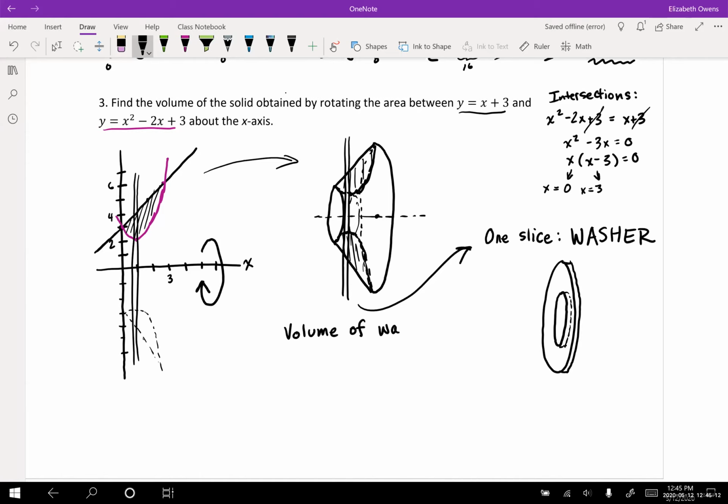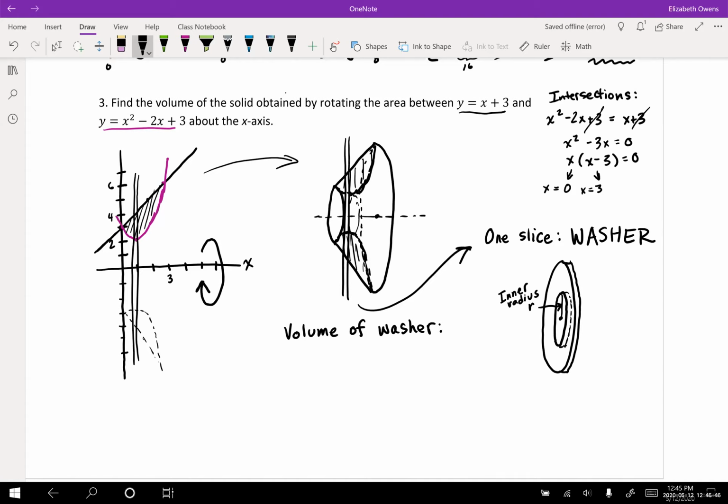Volume of washer. All right, well, notice here that we're not just dealing with a single radius anymore. From our center point, we actually have a smaller inner radius right here, the radius of the cutout, the hole itself. Since that one's littler, we'll call it little r, the inner radius.